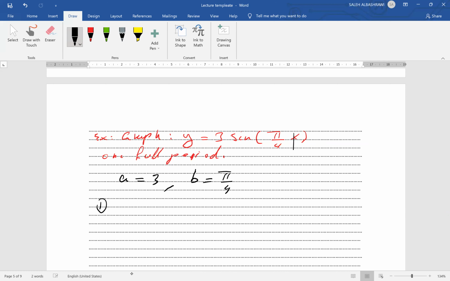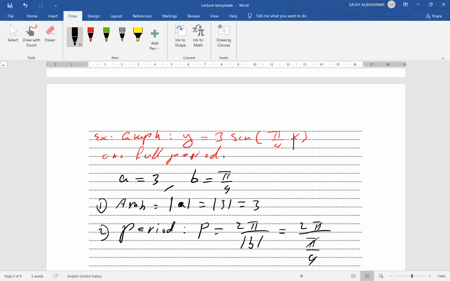So number 1, amplitude is equal to absolute value of A. That will be absolute value of 3, which is equal to 3. Number 2, period is equal to 2 pi divided by absolute value of B, which is 2 pi divided by pi over 4.